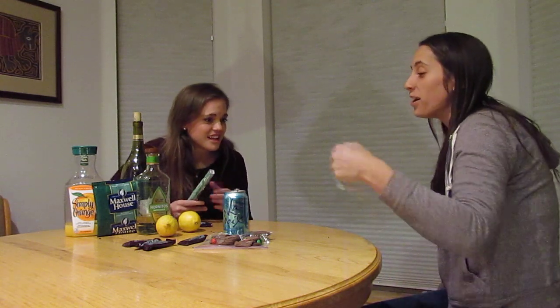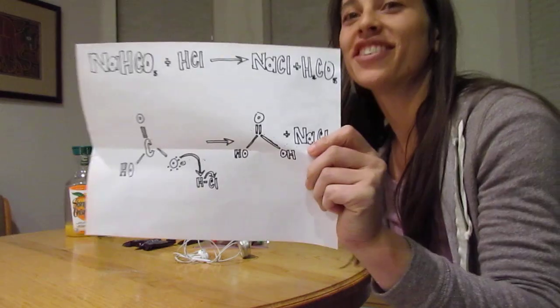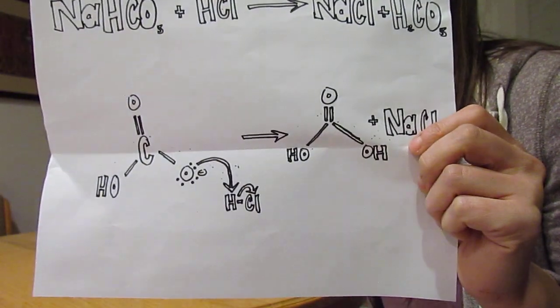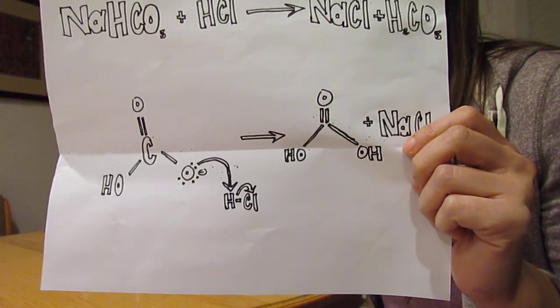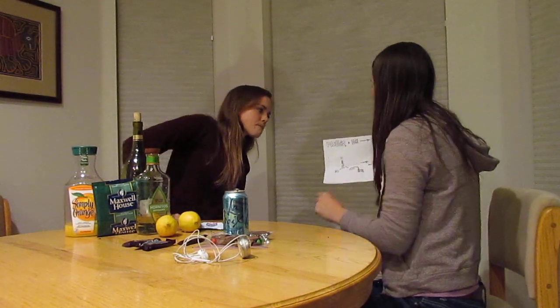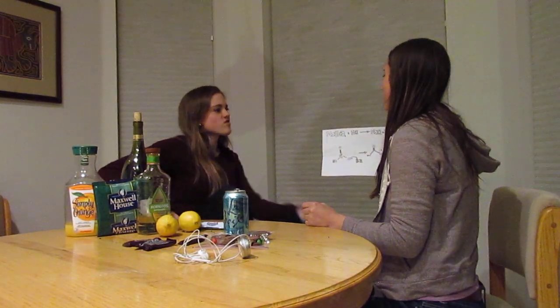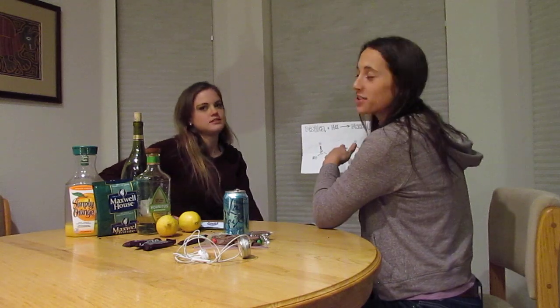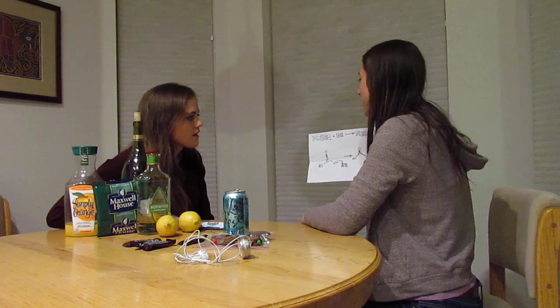I know. Well, let me show you. It's an acid-base reaction. Here is the mechanism. So what we have here is HCl, which is hydrochloric acid, which is found in your stomach.